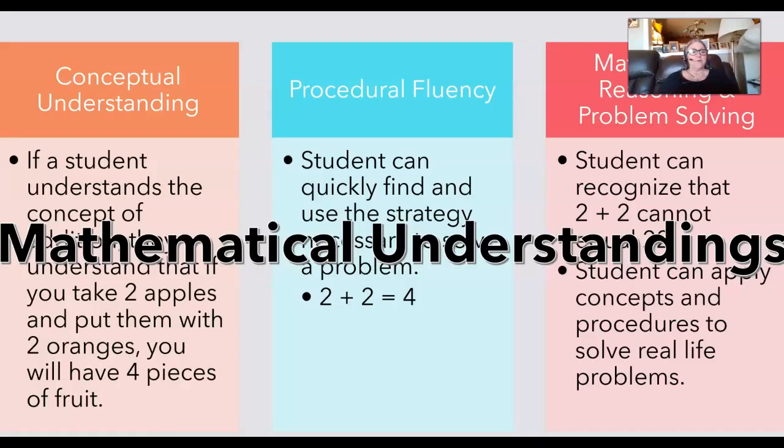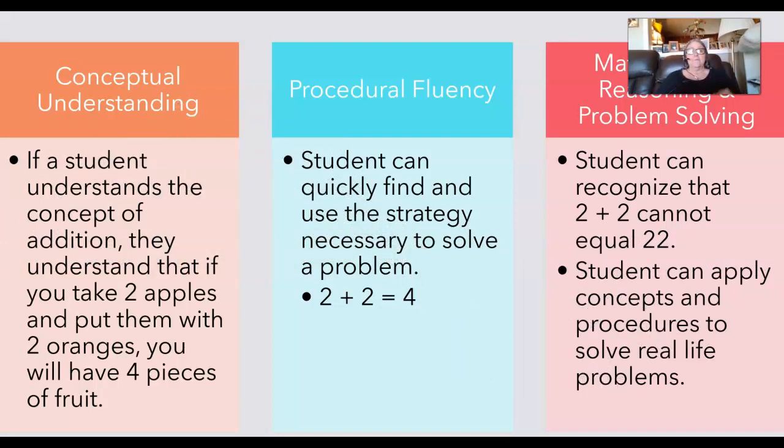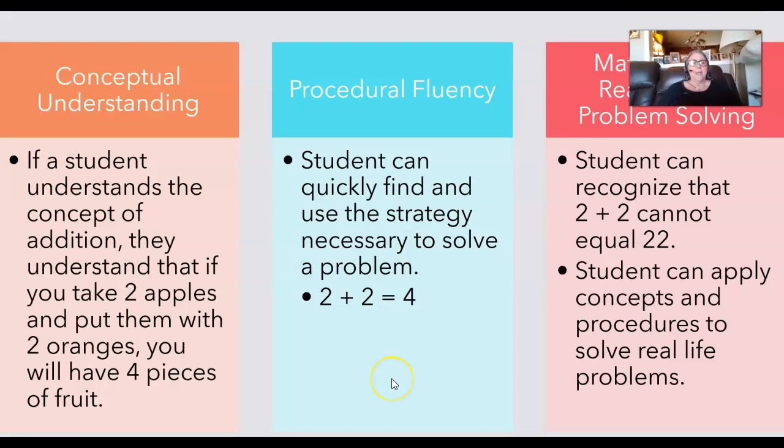So we're going to look at that first of all. These are the mathematical understandings that we mostly deal with in an elementary setting. And there's three of them. There's conceptual understanding, there's procedural fluency, and then we combine mathematical reasoning and problem solving in the EdTPA.